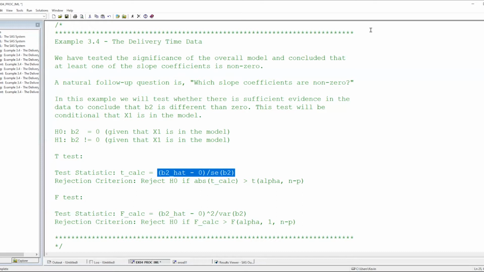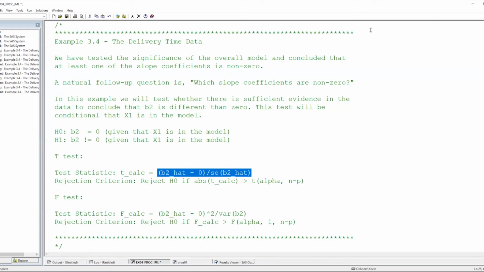And then we subtract from that the hypothesized value of beta 2, which in this case is 0. And then we divide that difference by the estimated standard error of beta 2 hat. And let me correct this right here. Okay, so we're dividing that difference by the estimated standard error of beta 2 hat.